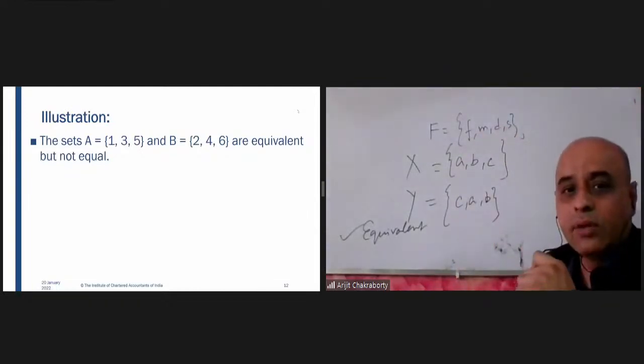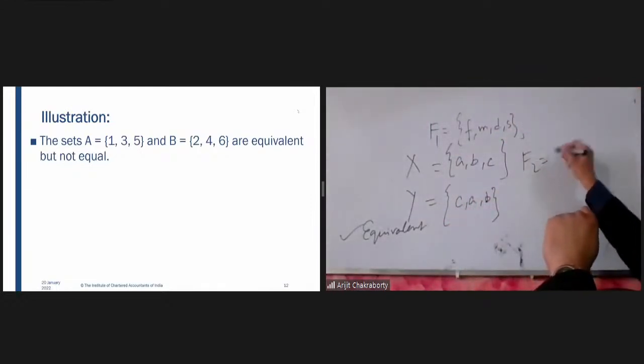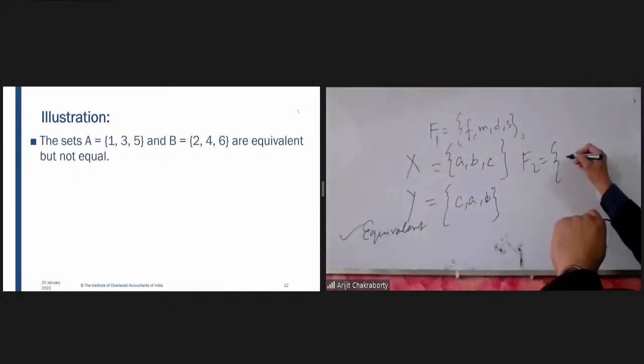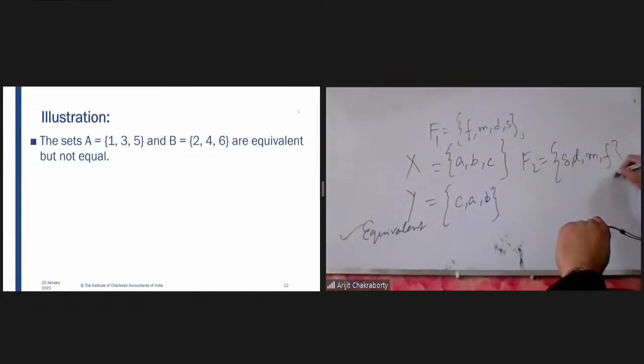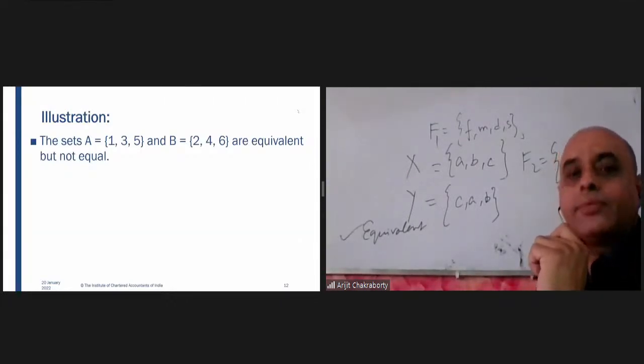This is one family. Let us call it F1. And F2, I am writing son, daughter, mother, and father. So this is F2. The question is, are F1 and F2 the same? Are they equal?